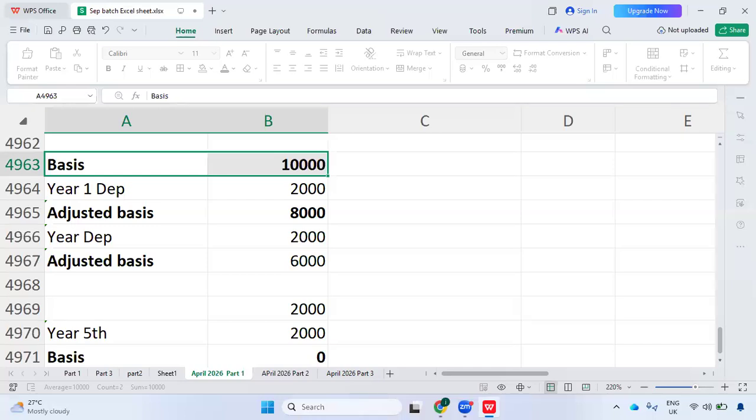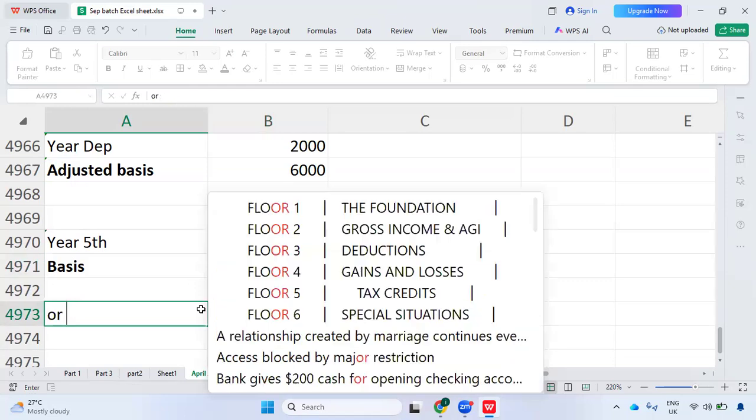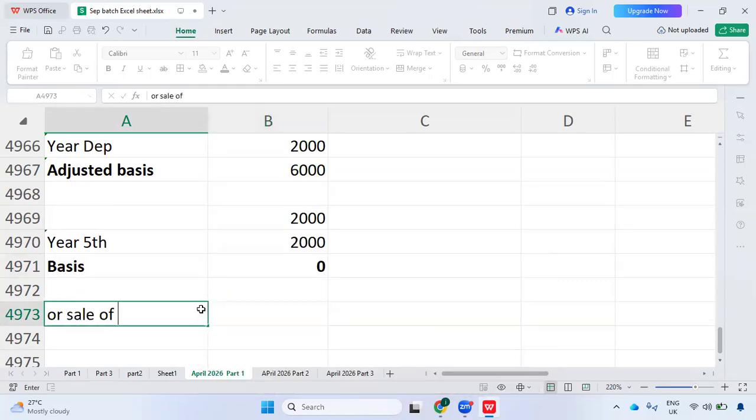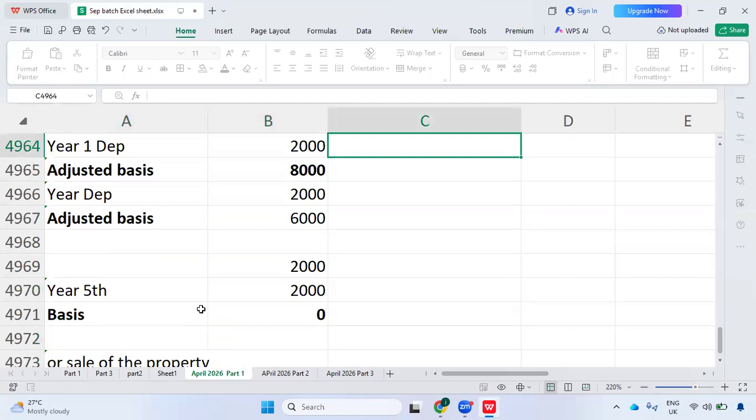And now, how long can we claim the depreciation? This is important. Until the basis becomes zero, or until the sale of the property, we can claim the depreciation. So let's say in the third year the taxpayer sold the property. Can we claim depreciation again?